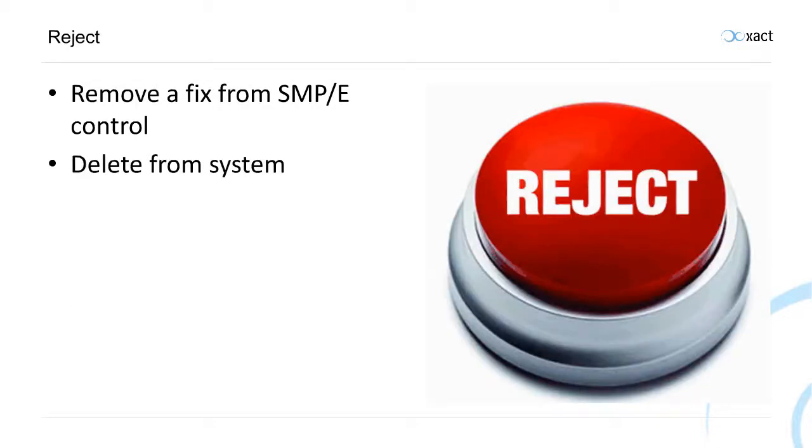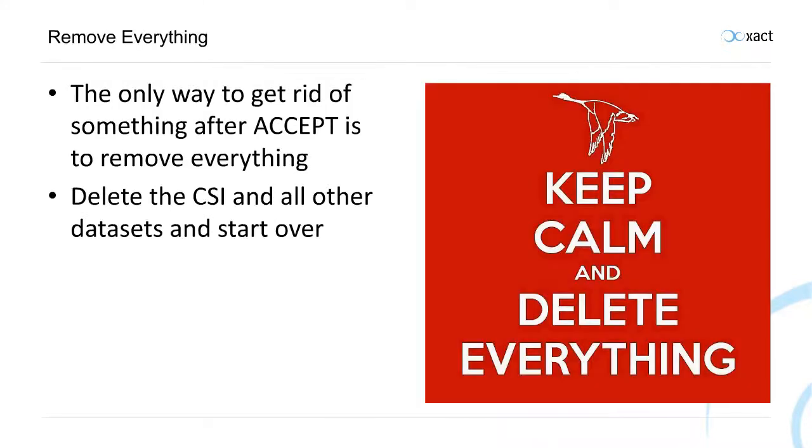Reject will delete a fix from all libraries and tell SMPE about it. If you have accepted a fix and find out that it was a mistake, you have only one option. You must delete the CSI and all other SMPE and product datasets and start all over once again.